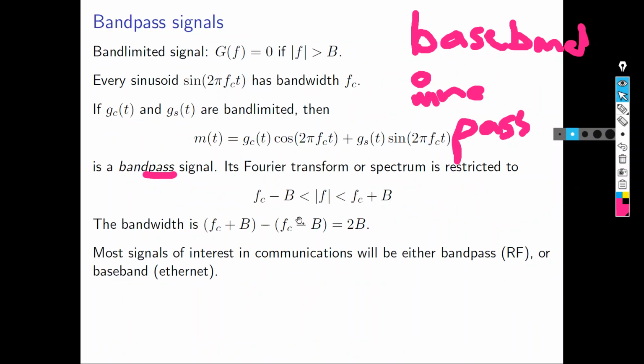This is what it says in math. After modulation, the bandwidth doubles, so you occupy double the bandwidth. This is using simple amplitude modulation. Most signals of interest in communication will be either bandpass, which is RF after modulation, or baseband, before Ethernet, which can go through wire cables.